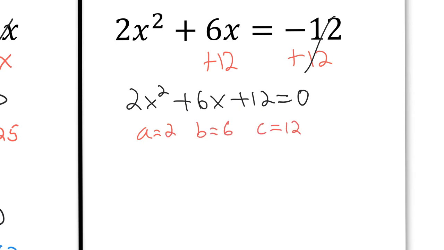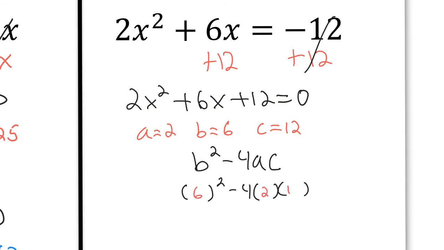So you guys are going to use the discriminant, b squared minus 4 times a times c. So I'm going to substitute the b. That's going to be 6 squared minus 4 times the a, which is 2, times your c value, which is 12. So all of that equals negative 60.